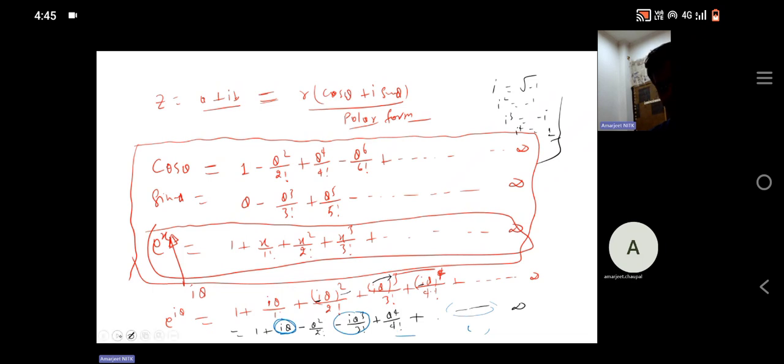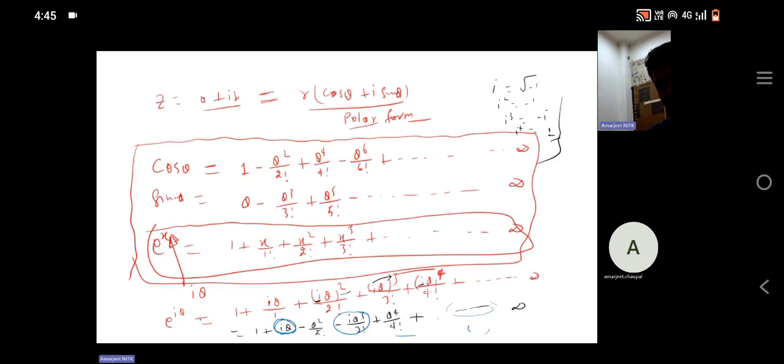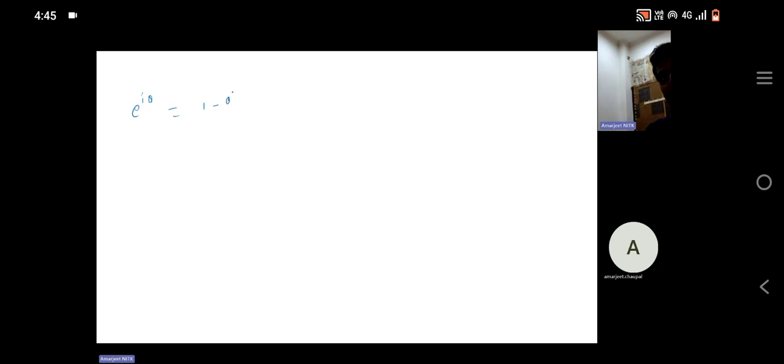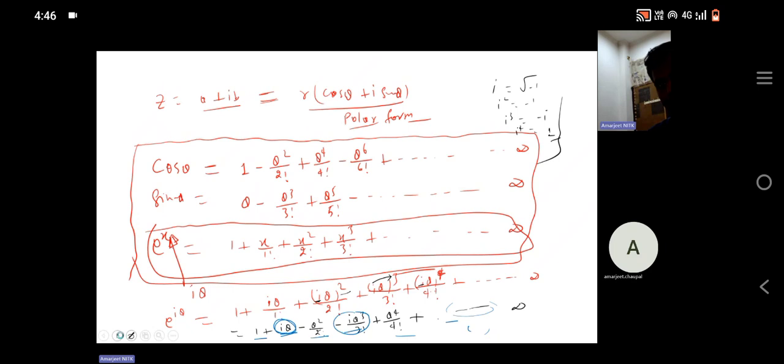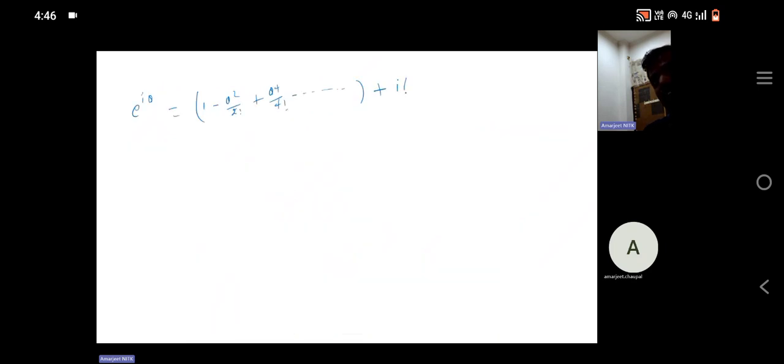So what you get? e to the power i theta equals 1 minus theta square by 2 factorial plus theta 4 by 4 factorial, like this, and plus the terms containing iota, you can take i common, so theta minus theta cube by 3 factorial plus theta 5 by 5 factorial minus like this up to infinity.